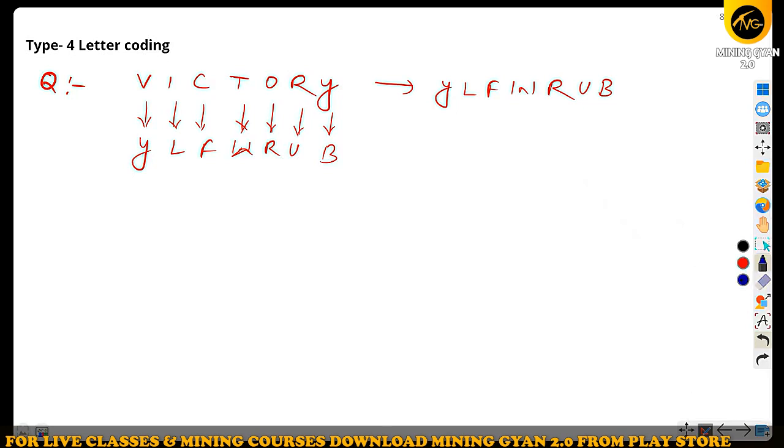Now find out the gap between these two alphabets, like V, W, X, Y. So the gap between V and Y will be plus 3. VWXY: V, then W, X, Y. So the gap between V and Y is plus 3.